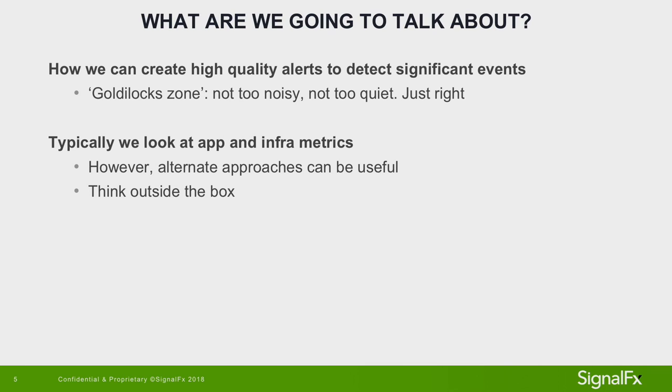And typically, we tend to look at application and infrastructure metrics or various other signals that we're getting from our applications and infrastructure to get these alerts, right? But they are not always successful in giving us that right amount of alert level, so to speak. And so other approaches can be useful. And I'm going to explain over this talk a personal experience about something that we tried to solve a specific alerting problem that we had, to emphasize a more general point.